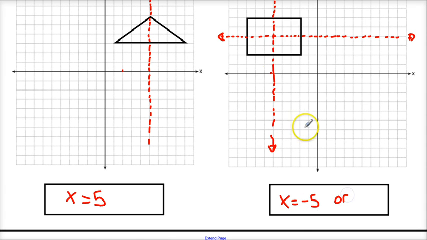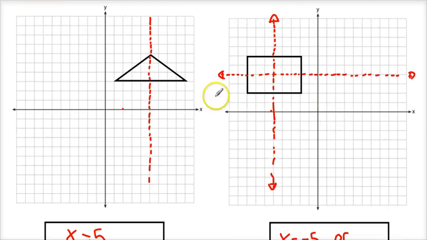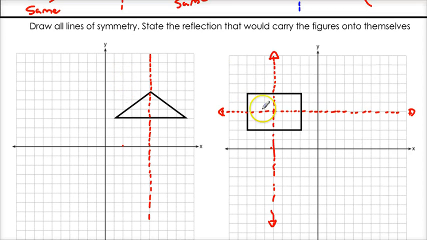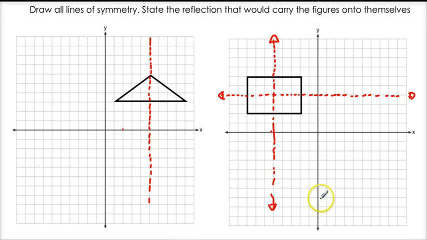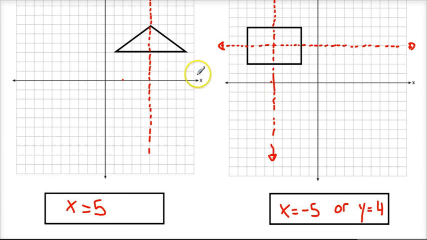Or there's another one. We have this guy right here, which is y equals 4. Remember, horizontal lines are y equals. We're applying all our knowledge here. So it's really important that when you do these, you draw the lines of symmetry first, and then you state all the lines that can carry these objects onto themselves.